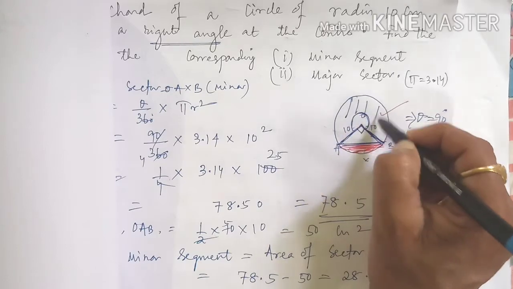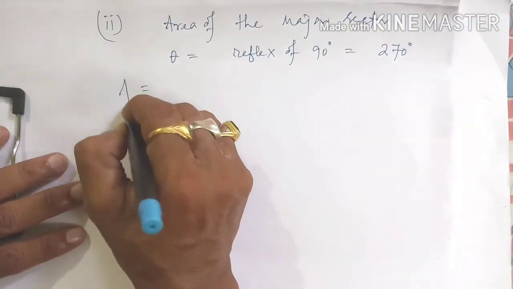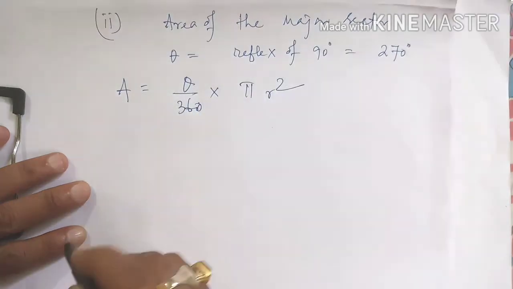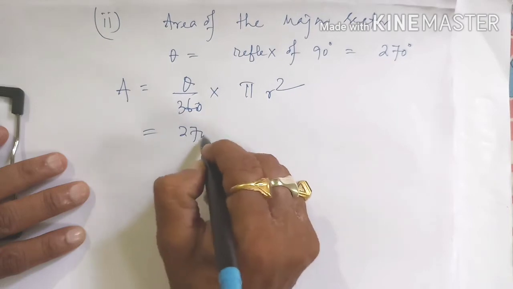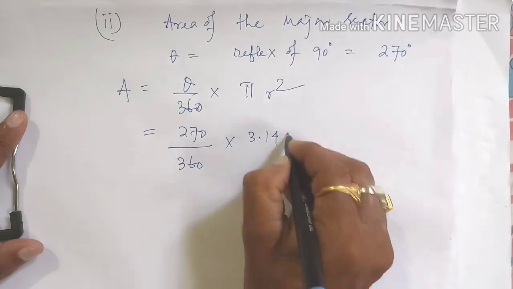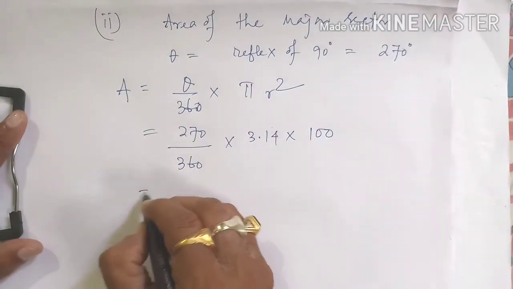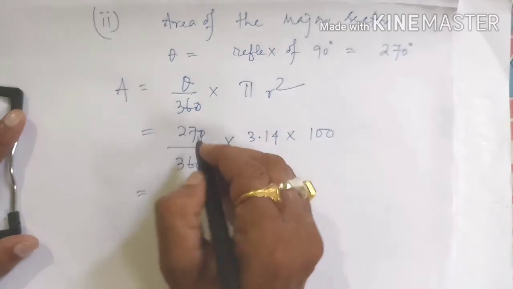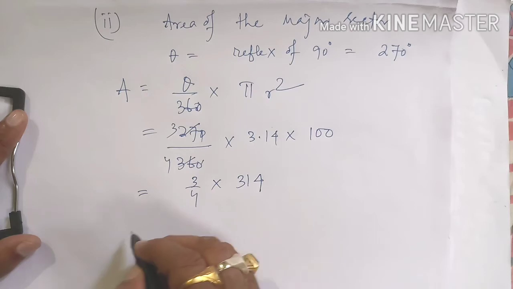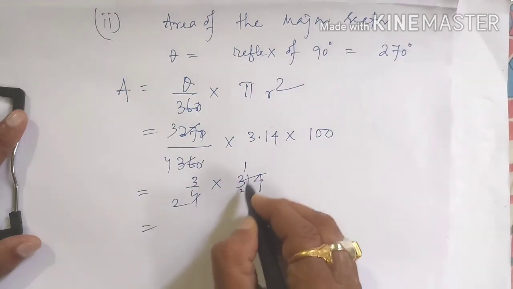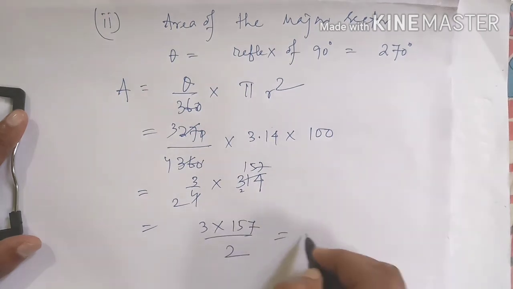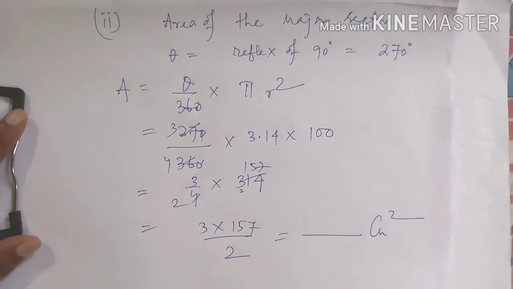This section is the major sector section, and you can calculate theta by 360 into pi r square, into 3.14 into 100. Okay students, so you can calculate 3 by 4 into 314, 3 into 157 divided by 2.